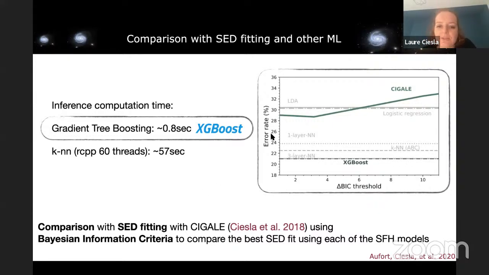And the result, the error rate of each method we tried, is here. In green, we have SIGAL, which is the classical approach that we had until now. And SIGAL for this exercise provides an error rate of 29%. And with our method, with XGBoost, we managed to go down to 21%. So it was quite efficient and something that we wanted to keep investigating.